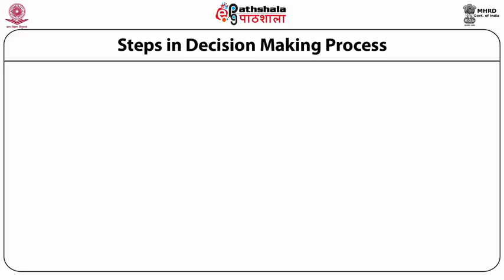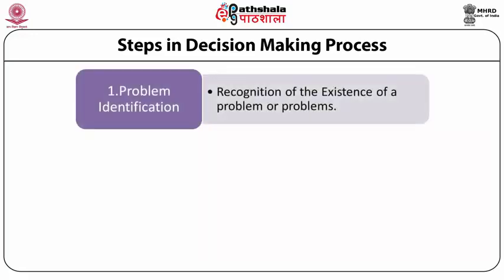The steps would start with, one, problem identification, then leading to problem analysis, then determining the possible alternatives, evaluating the impact of alternatives, the selection of an alternative, and implementing the selection. Let's come back to the first step, that is problem identification.